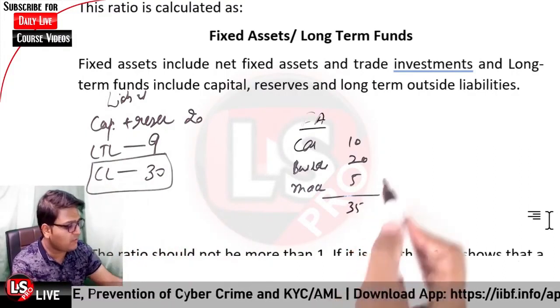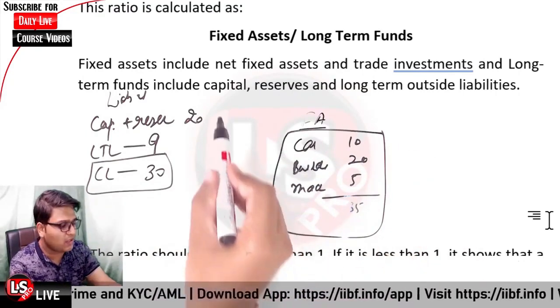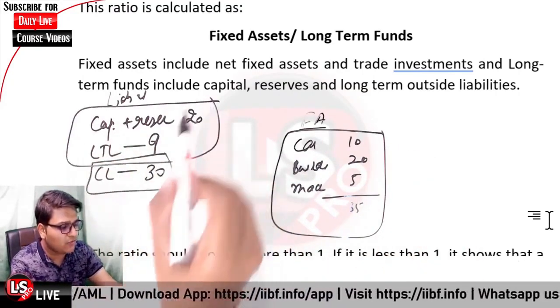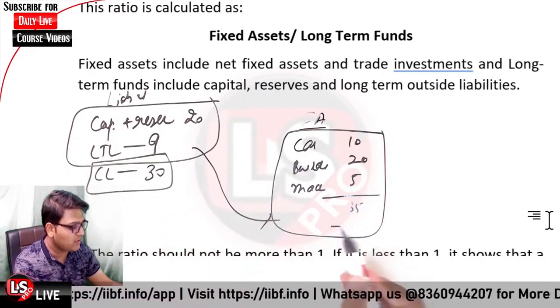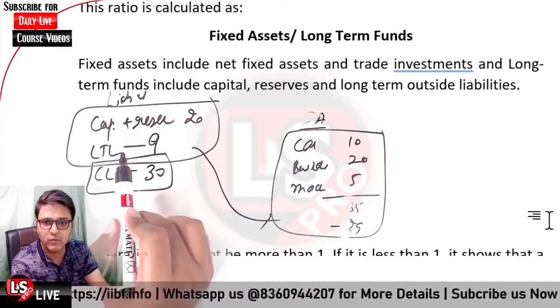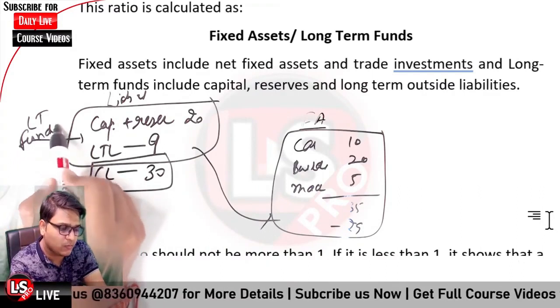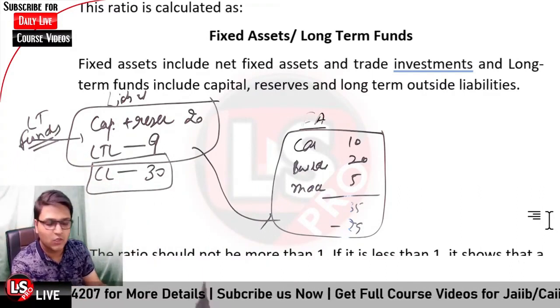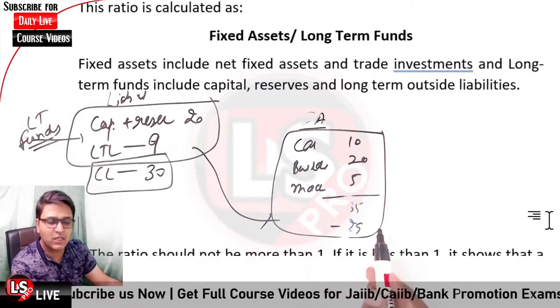Now out of 35 of the fixed assets, you basically consumed 29 from the capital plus reserves and long-term liabilities. These indicate the long-term funds available with the firm. So you consumed 29 of the long-term funds to convert them into fixed assets.